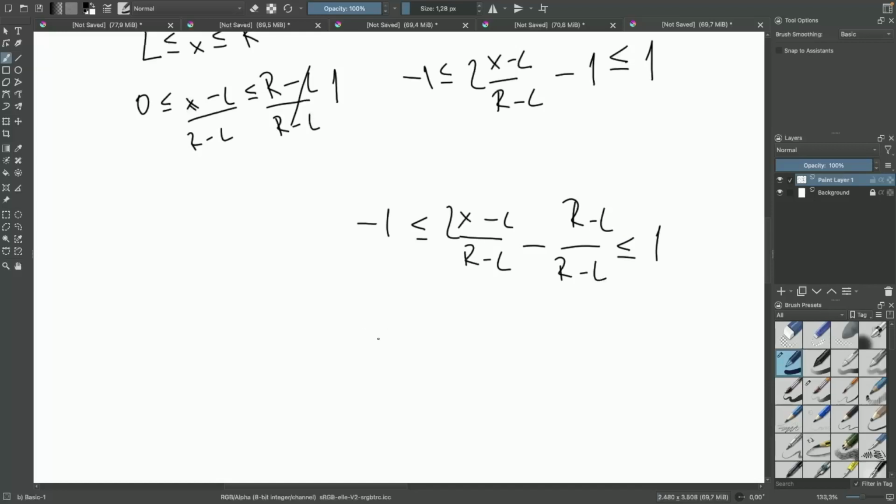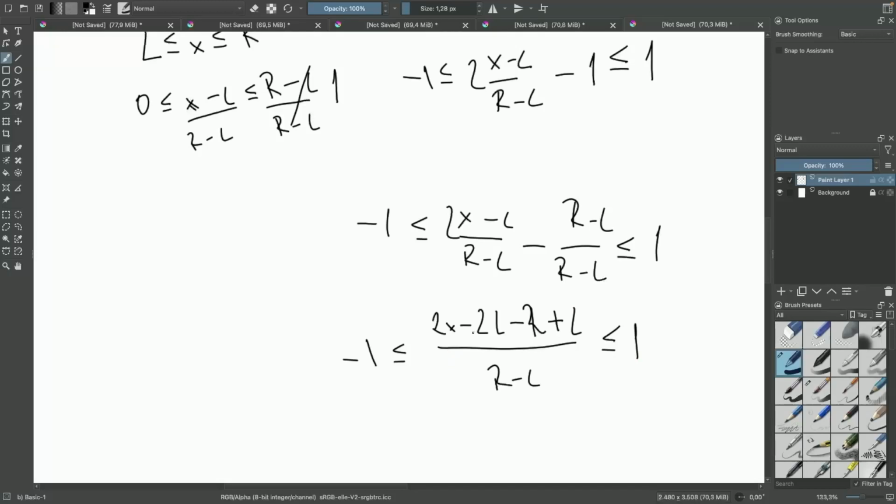Okay, and then we can solve for it. So we can say -1 is less than or equal to right minus left. So we had 2x minus 2L minus, so now this is just right plus left, and less than or equal to 1.